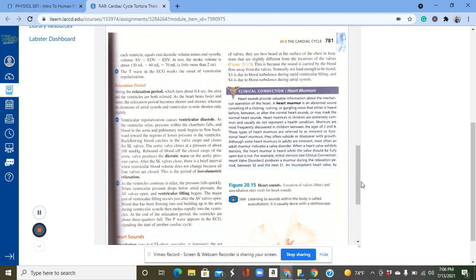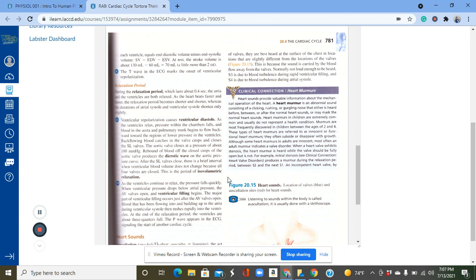And the dicrotic wave happens because the pressure within the ventricle drops below the pressure in both the pulmonary trunk and the aorta. That happens when the blood flows back toward the heart, which produces the dicrotic wave, which is seen in the blood pressure tracings.